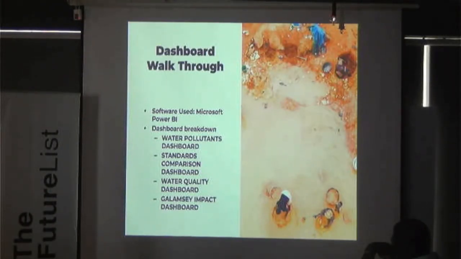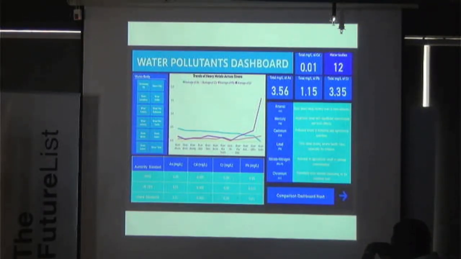To do this, 4 dashboards were designed using Microsoft Power BI to answer key questions. The first dashboard is the water pollutants dashboard. This dashboard helps us understand the effect the 4 metals are having on our body.